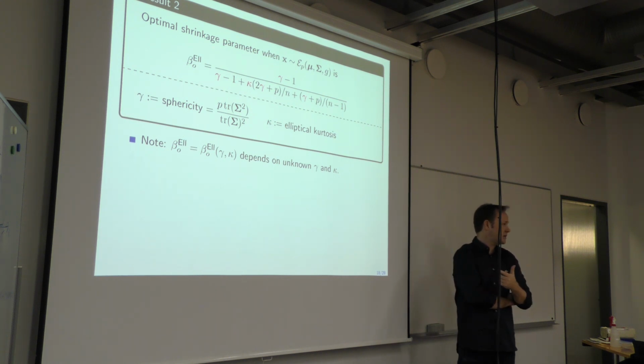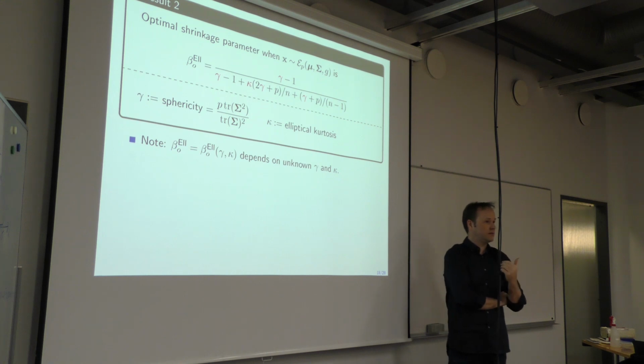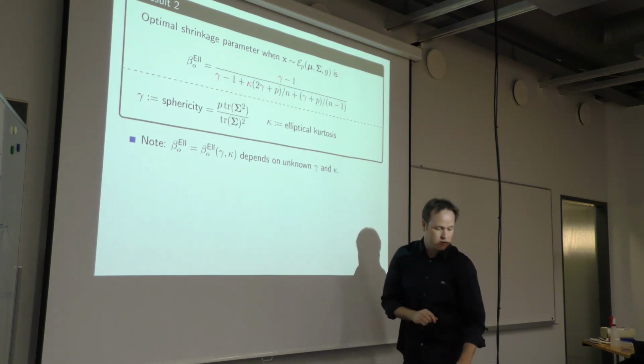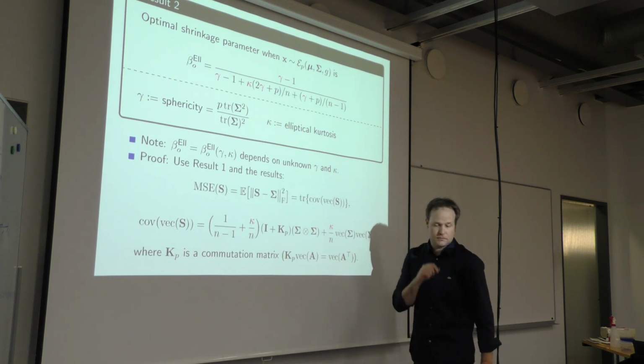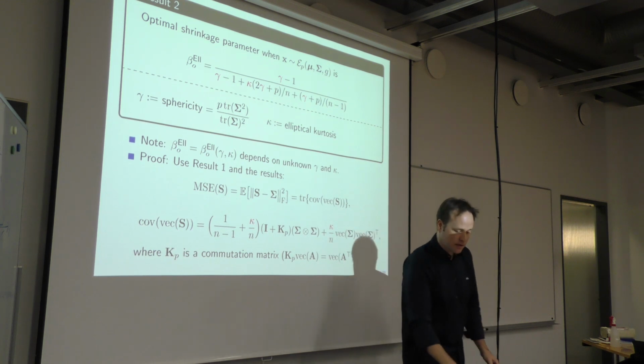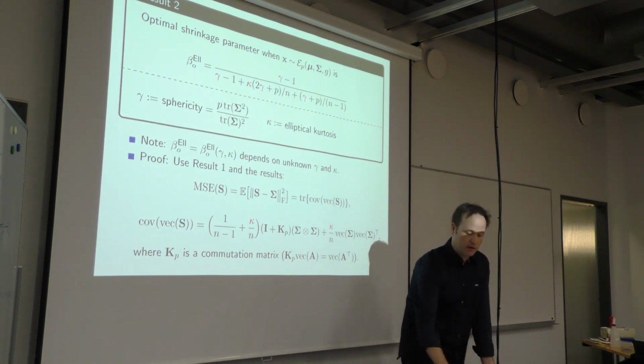So if we are able to estimate those, obviously we have a good estimator for that degree of belief in the sample covariance matrix. How this result is derived, I give some details here, but I will skip it. You can read it in the paper, which is on arXiv.